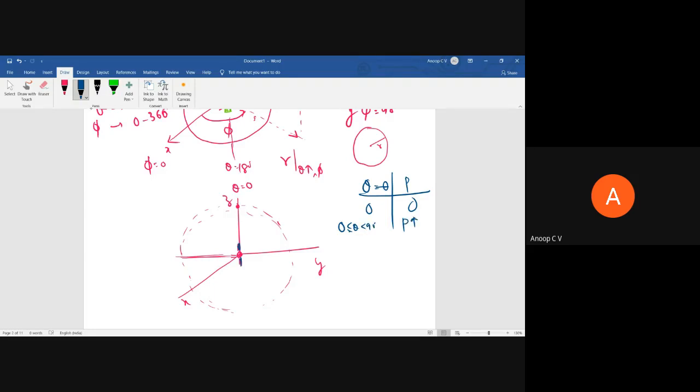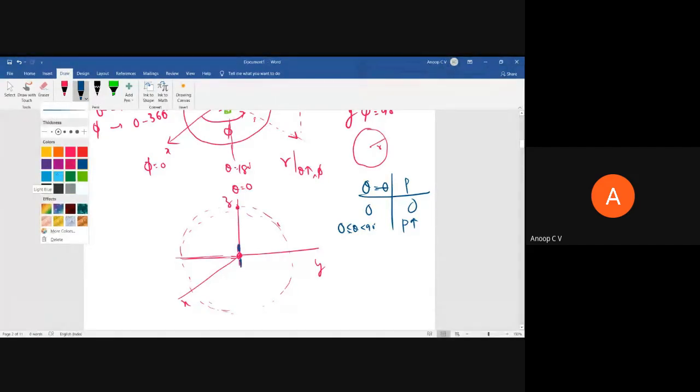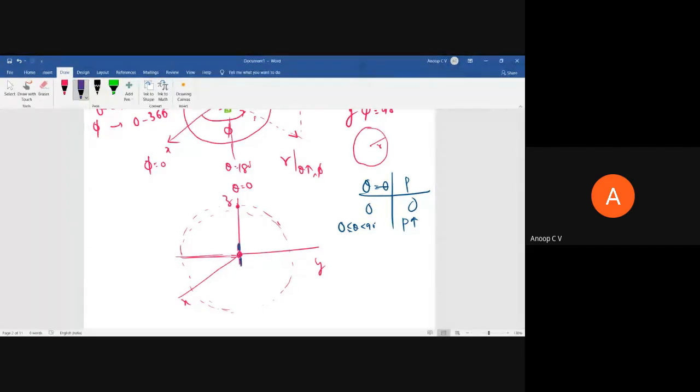For a dipole, for theta equal to 0, I mark the power as 0, using, say, a blue pen. And as theta increases, I can see the power slowly increasing, and for theta equal to 90 degrees, the power is maximum.